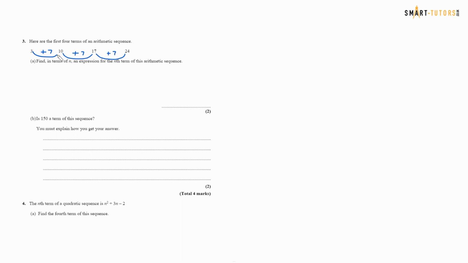So the nth term is 7n plus the first term, 3, minus the difference. 3 take away 7 is minus 4. So the answer is 7n minus 4. That is the answer for the first part, a 2 marks question.